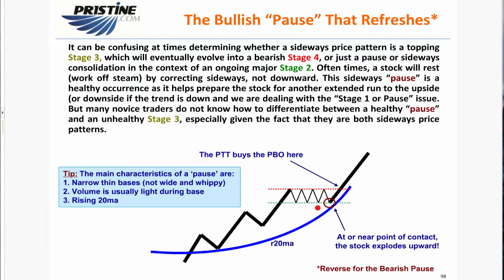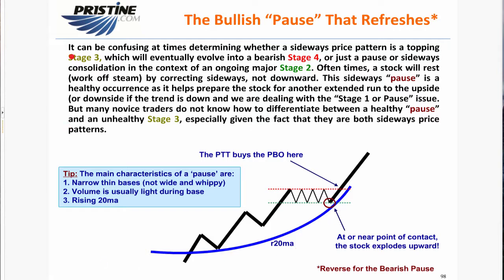You might have entered over here before it actually breaks out. If you believe this is a pause, you have to be patient enough to sit with it. That's the only caveat: if you are going to buy it down here off of major support, then you need to be patient and wait for it to actually break out before you look to adjust your management.